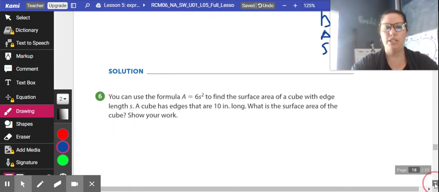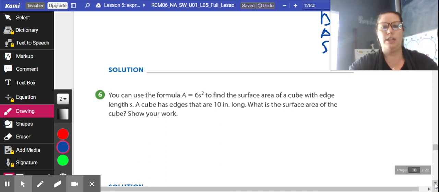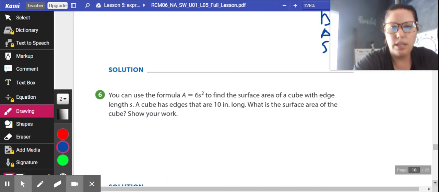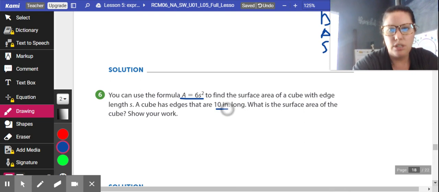The last one, number 6, same thing. Here's your formula. So this is the expression, and it tells you a cube has edges that are 10 inches long.